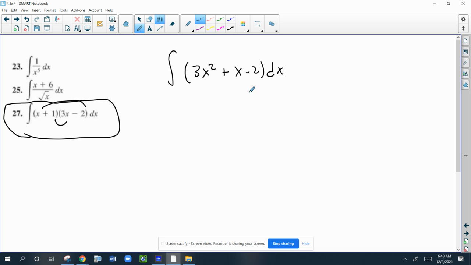Now we can integrate or find the antiderivative of each term separately. For the first term, you add 1 to the exponent, multiply by 1/3. Second one, you add 1 to the exponent, multiply by 1/2. And the third, the integral of -2 is -2x.